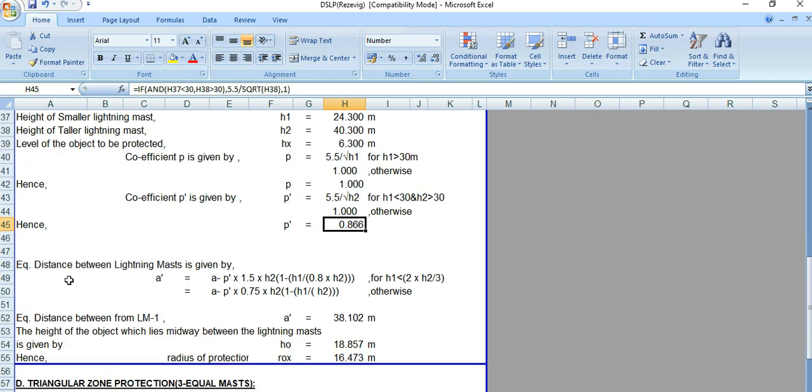The equivalent distance between lightning masts is given by A dash equals A minus P dash into 1.5 into H2 into 1 minus H1 by 0.8 H2, provided H1 is less than 2 into H2 by 3, otherwise it will follow the 0.75 formula.